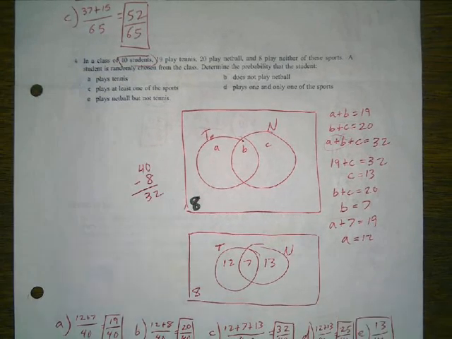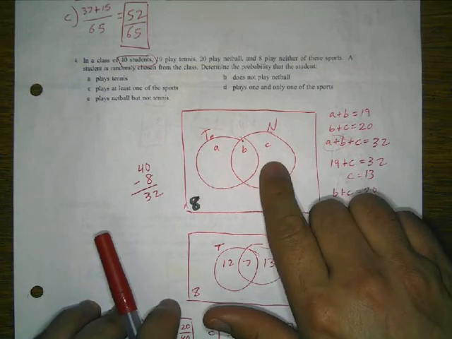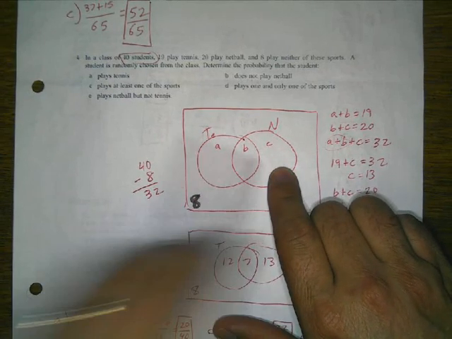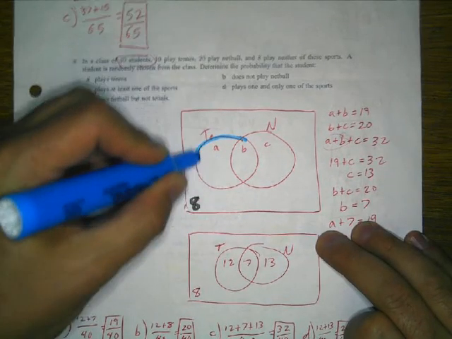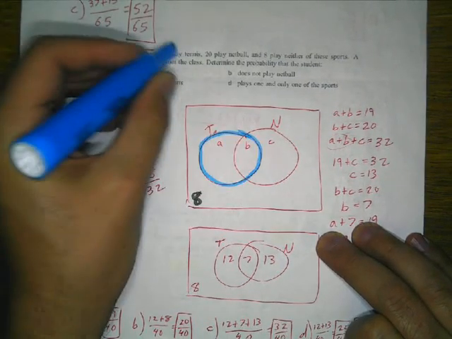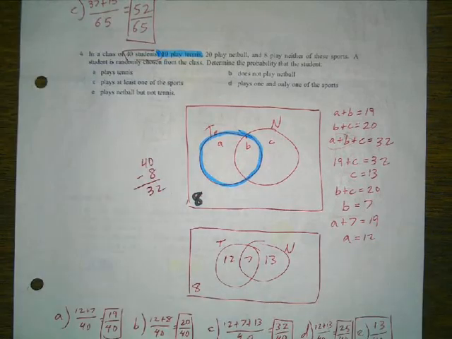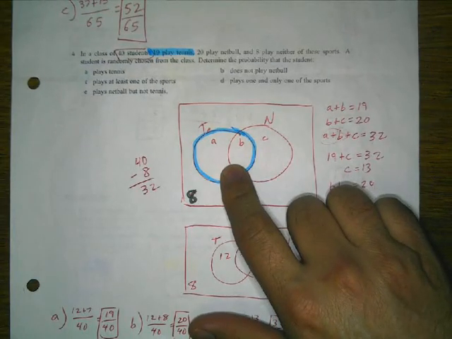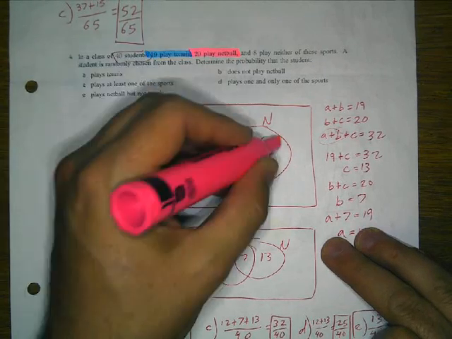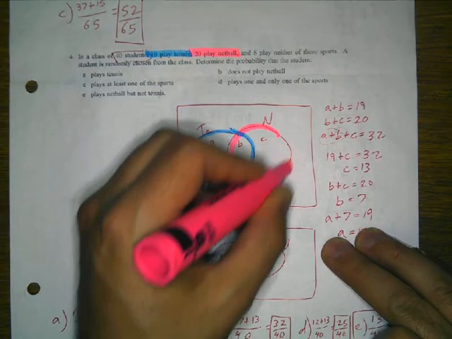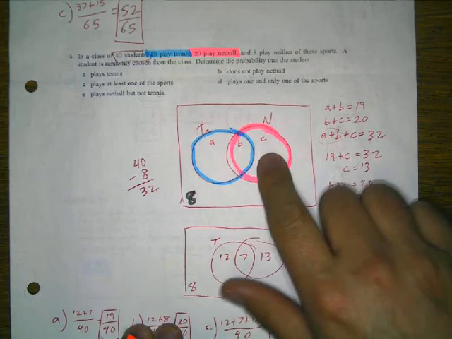And I'm not sure what these values are, because this circle here, this is our tennis playing people. That has to add up to 19. And this circle here, these two have to add up to 20.